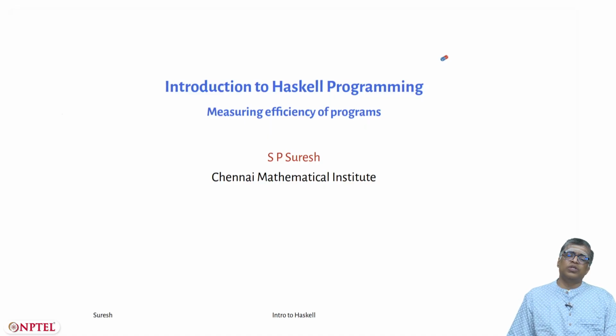You need to see what the running time of the program is really, but it might not be feasible to actually do the program and then run it on the machine to find out how much actual time it takes, because there is variance across different machines.